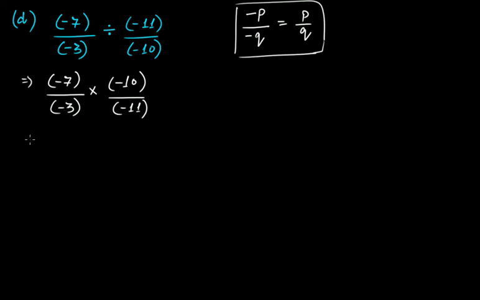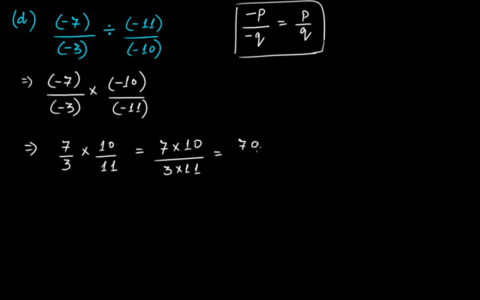So convert them, write them as 7 over 3 times 10 over 11, and this becomes 7 times 10 over 3 times 11. This gives you 70 over 33. Now there is no highest common factor of 70 and 33, therefore you cannot simplify it further, and it is the answer for this one.